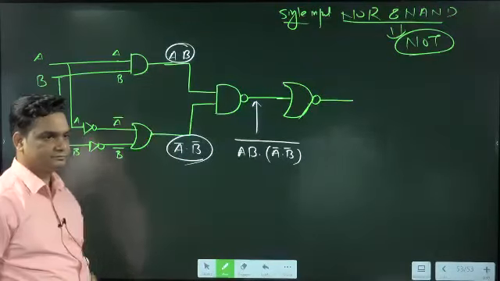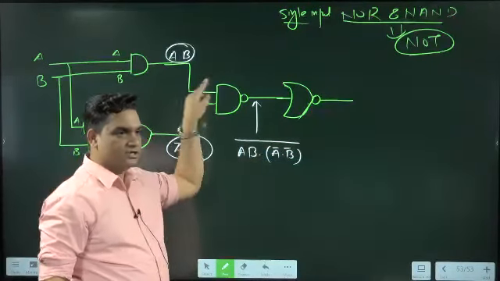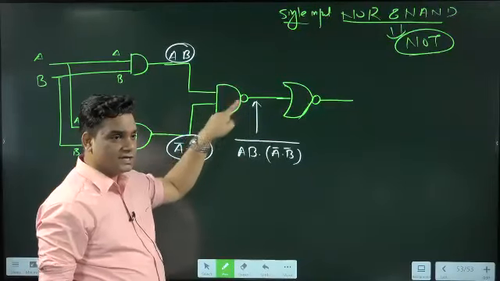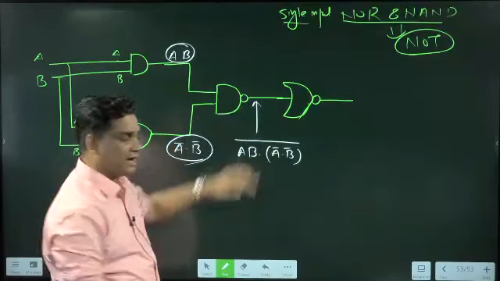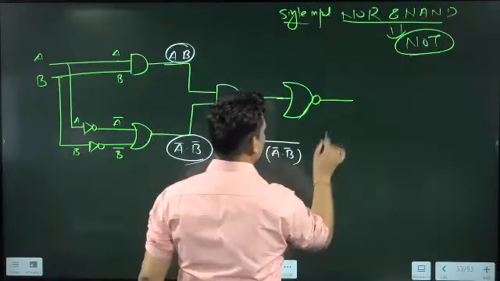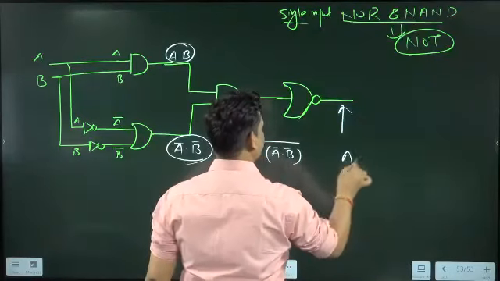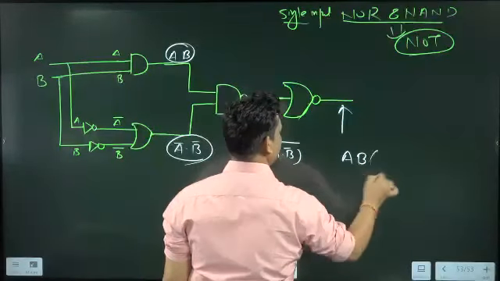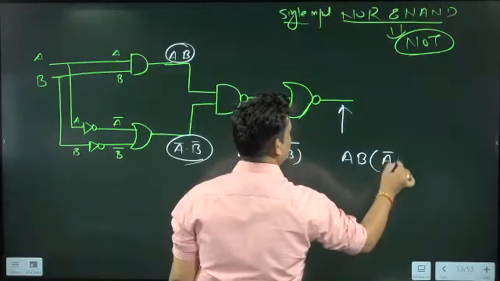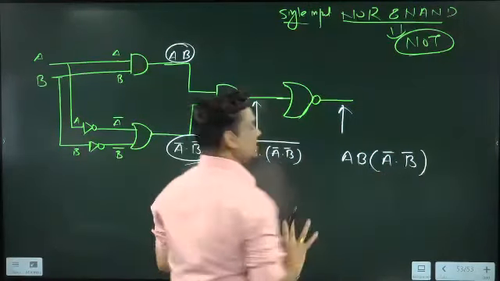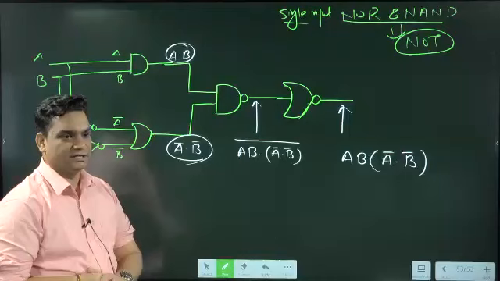Clear? Because this is the circle here, so product and then big bar. This will remove the big bar, so here we will be getting AB and here A bar into B bar. This is the result.